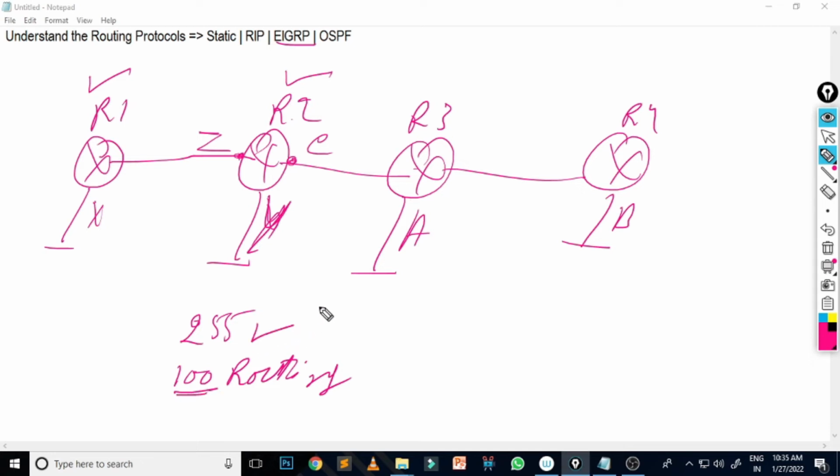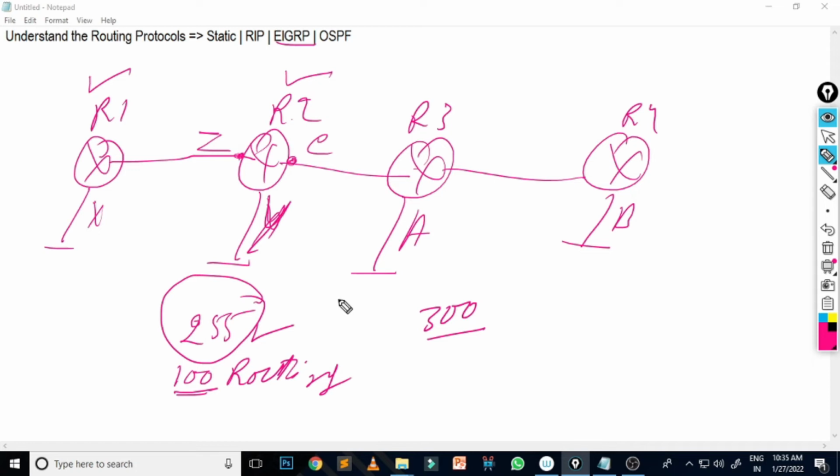So if you have a network where you have 300 routers connected directly in a straight line, you cannot use the EIGRP protocol, because the maximum number of routers you can use in a straight line is 255. You cannot use beyond that.